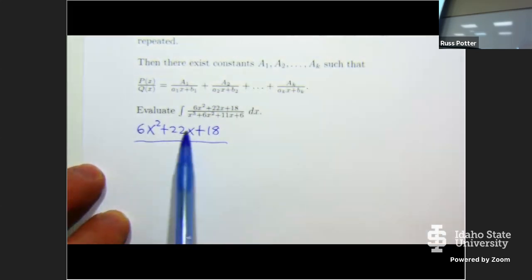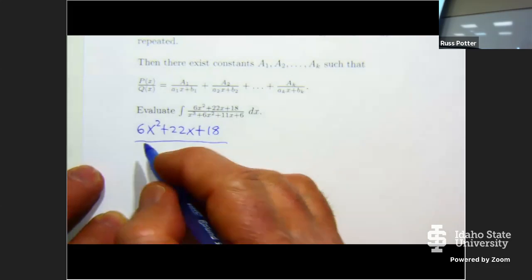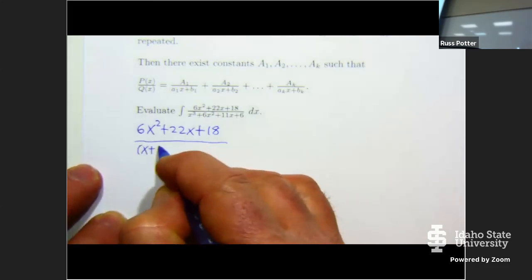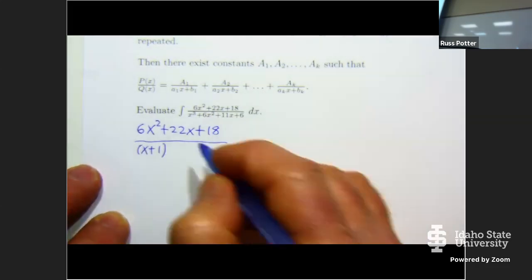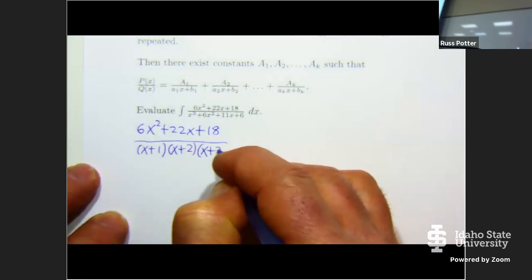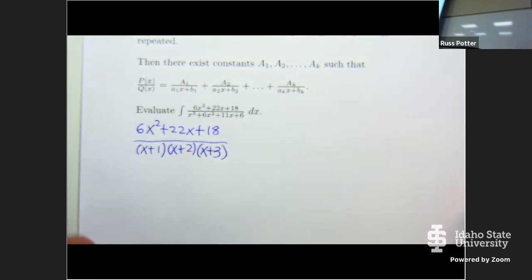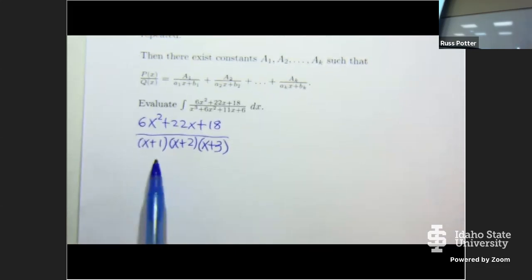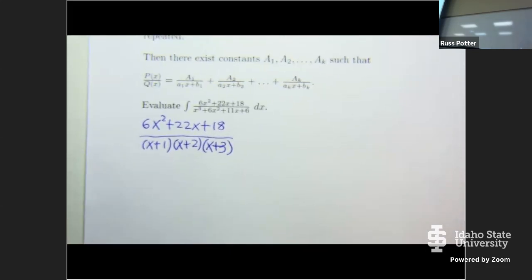And the factorization of the denominator turns out to be x plus 1 times x plus 2 times x plus 3. Okay, so the denominator q of x consists of 3 distinct linear factors.